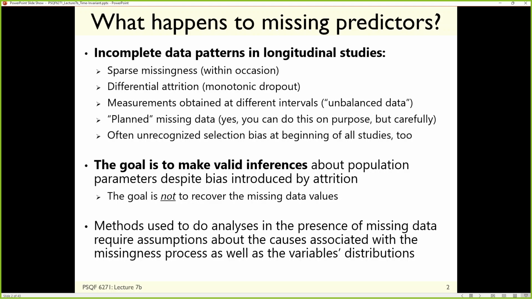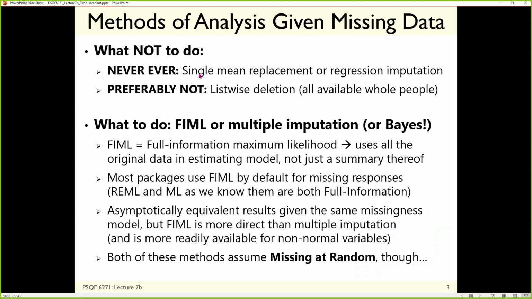They're trying to make sure that the missingness doesn't bias the conclusions that we draw. And what's often unrecognized is that all of these missing data methods have distributional assumptions baked into them. So you still have to pay attention to that aspect of what kind of value you would be dealing with. So things not to do, ever, single mean replacement or regression imputation.